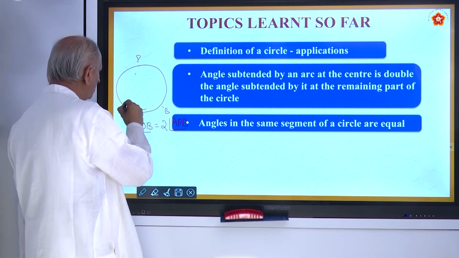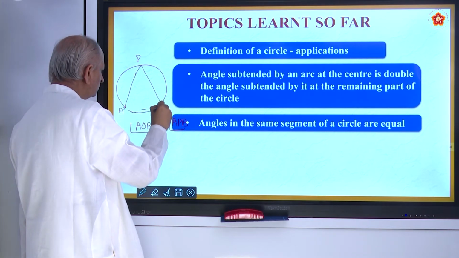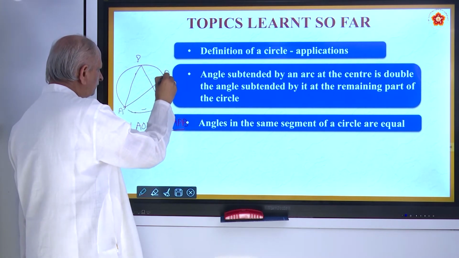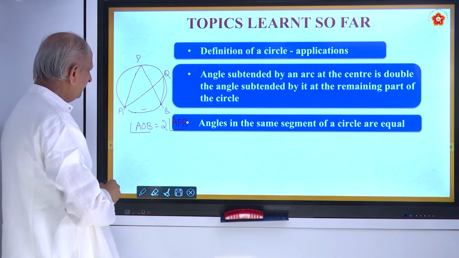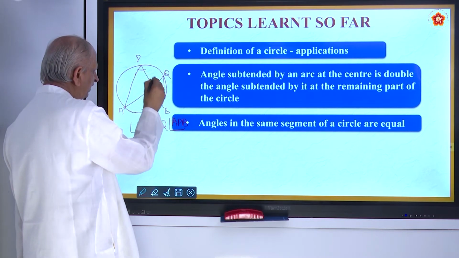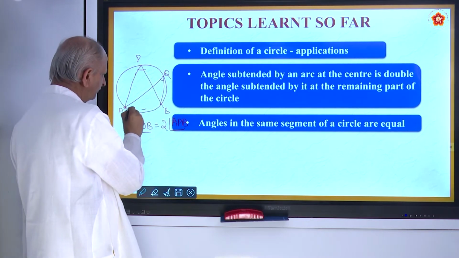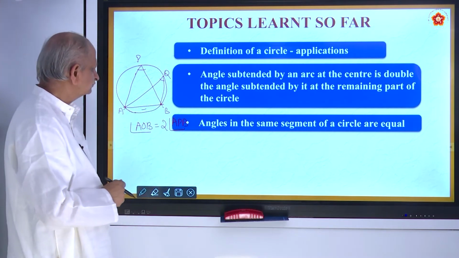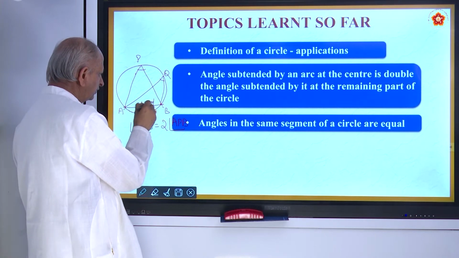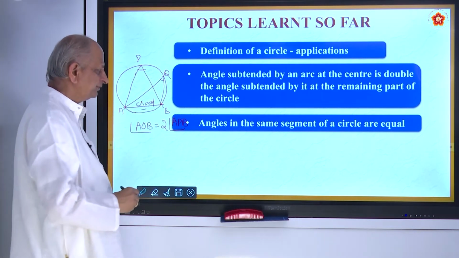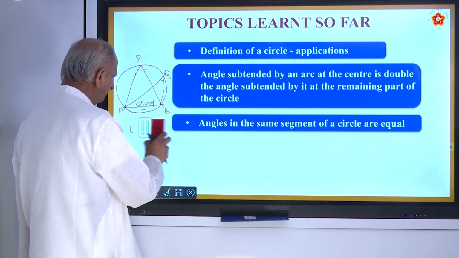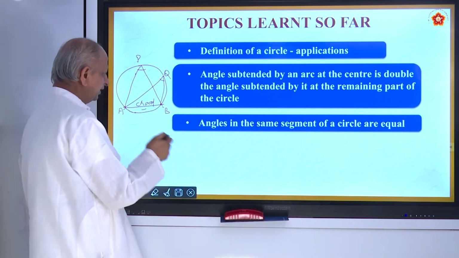That means if you draw like this, APB and AQB, and these angles will be equal. And if you join this, it becomes a chord. So this is a chord. So this is at the circumference. So angle APB will be equal to AQB.